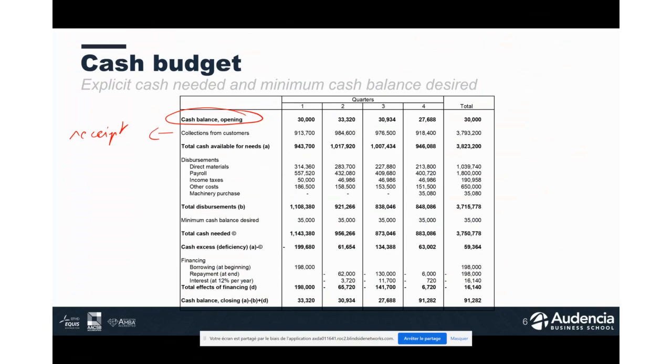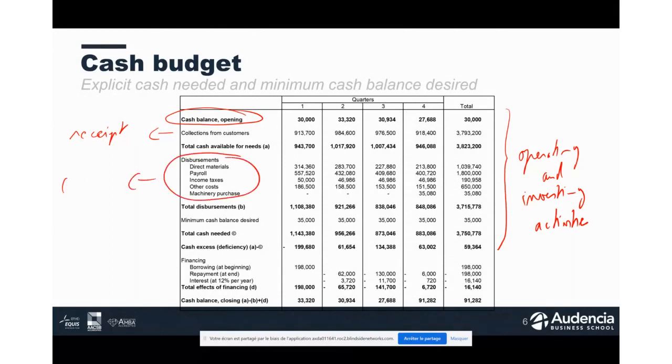So in the first part, you have all the operating and investing activity. You have the receipts, you have the disbursements.